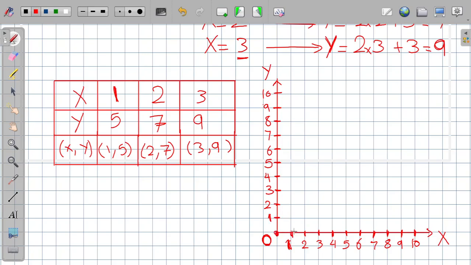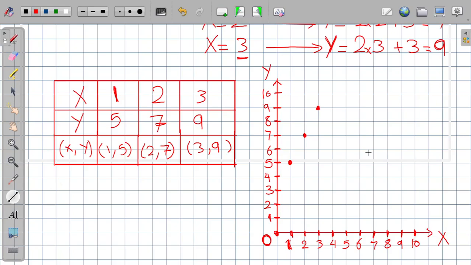So I will go to 1 and up to 5. So I will stop here. Next I have 2 and 7. So I will go to 2 and go up to 7. So I will stop here. Next I have 3 and 9. So I will go right to 3 and up to 9. So I will stop here.